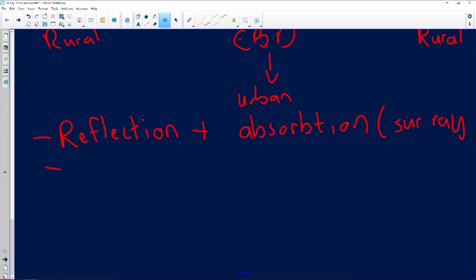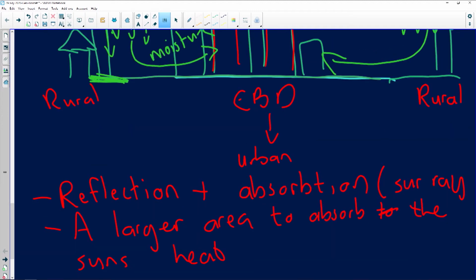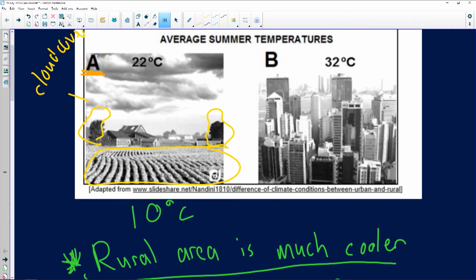Now, it's a larger area to absorb the sun's heat. Keep in mind, if you look at the rural area, it's only the soil that absorbs the heat, the insulation. But if you look at the buildings in the CBD, it's all over the place.